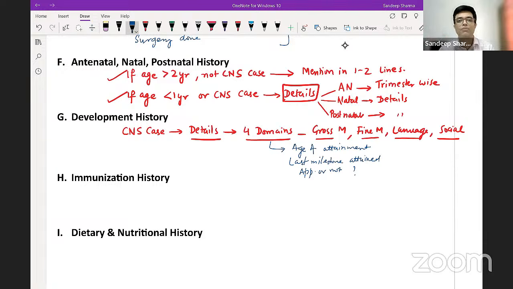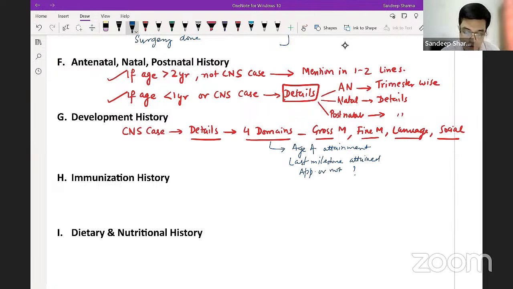However, sir, social milestones are not appropriate. At 7 months, stranger anxiety should have come, but it has still not started. Also, the child is not laughing or playing with the mirror image. So there is a social cognitive milestone delay present in the patient. So you have talked about 4 domains: age of attainment of major milestones, last milestone attained at what age, and whether the child is appropriate or not.